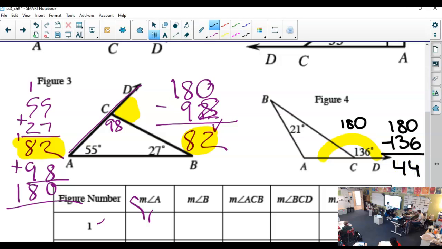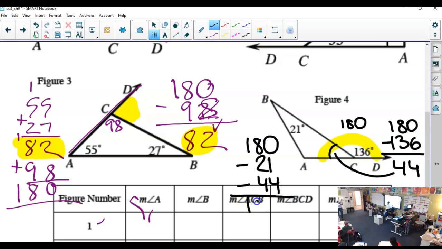And then we got this angle, which is 44. And next we already know 21. And then for A, we know that these three have to add up to 180. So we do 180 minus 21, and then minus 44. And then we get 150.